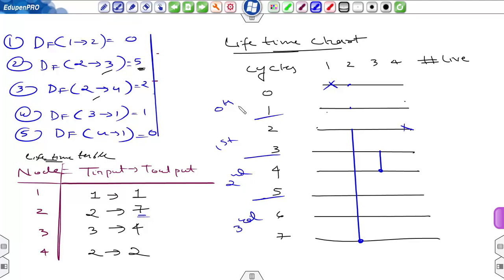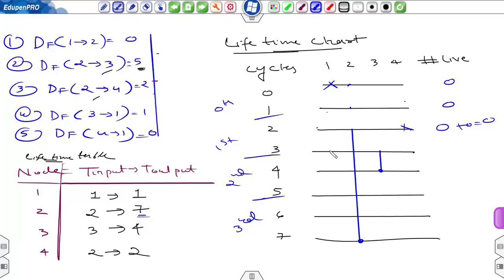For the 0th iteration we can directly calculate 0 live variables. For the first iteration, node 2 has just generated its output, but it will not be considered as live, and node 4 doesn't require a register. So live variable is 0 at this point. Referring to the previous iteration, 0th cycle, the value is 0. So 0 plus 0 is 0.